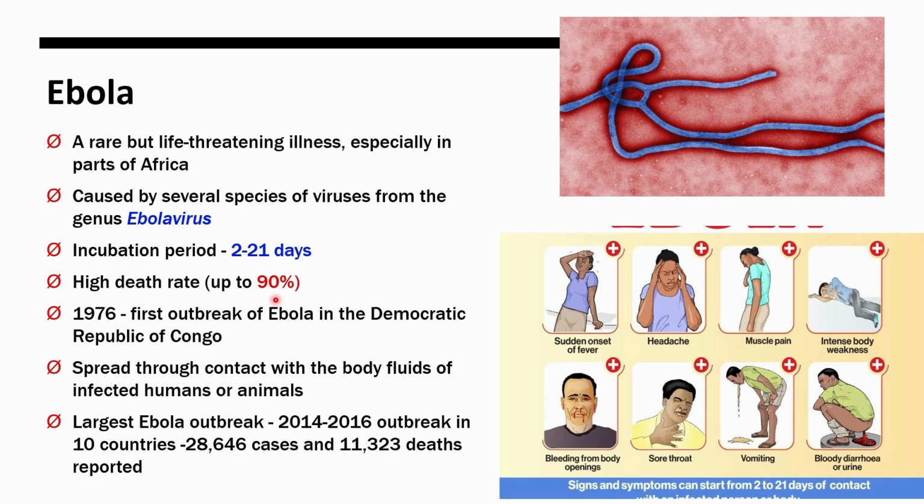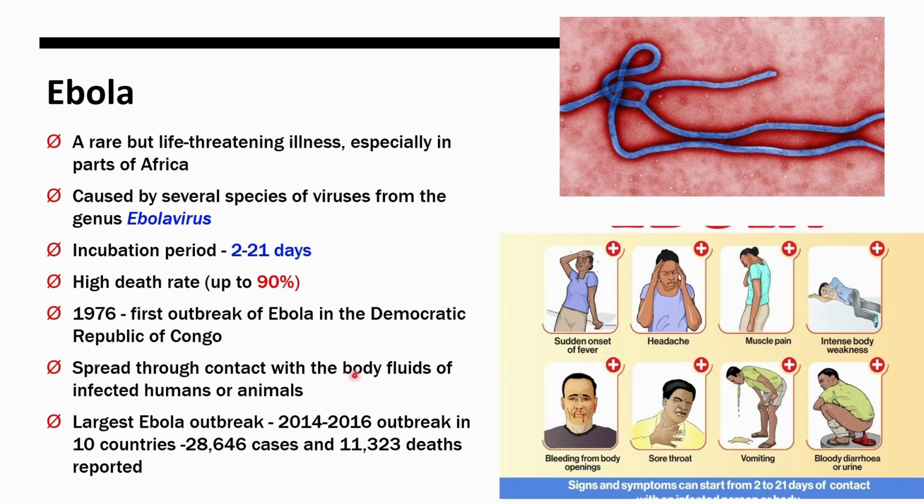It's very high. First time it occurred in 1976, and then the largest Ebola outbreak happened in 2014 to 2016, where there were more than 28,000 cases and more than 11,000 deaths reported worldwide.